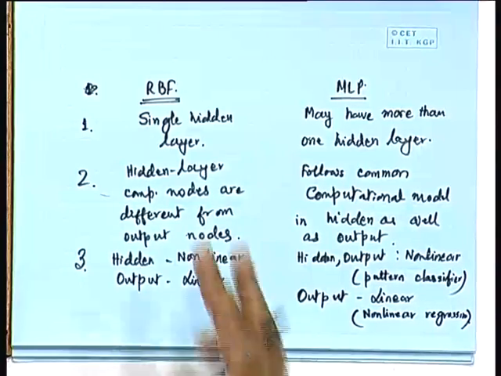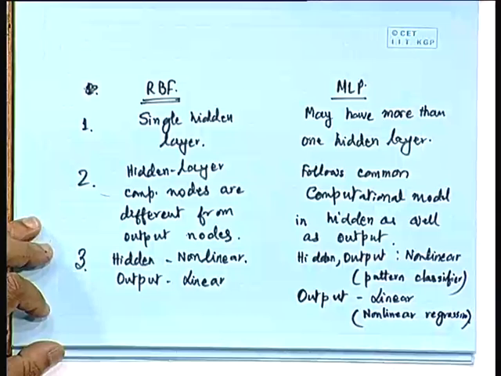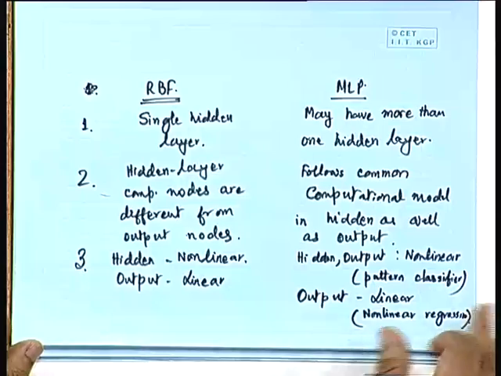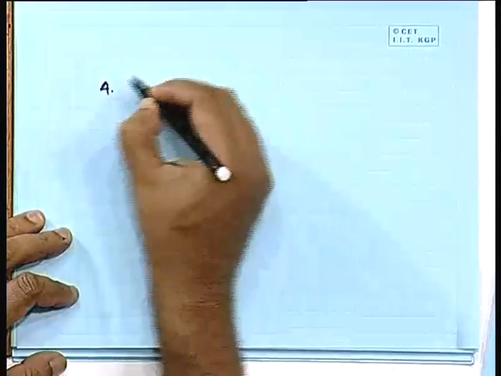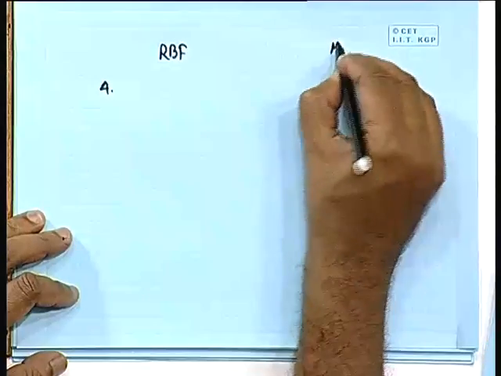So, these three points are quite obvious, and now the fourth point is about the argument of the functions, which we have already talked of. Here RBF and here MLP.